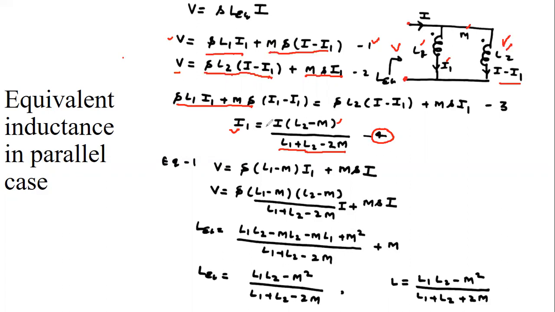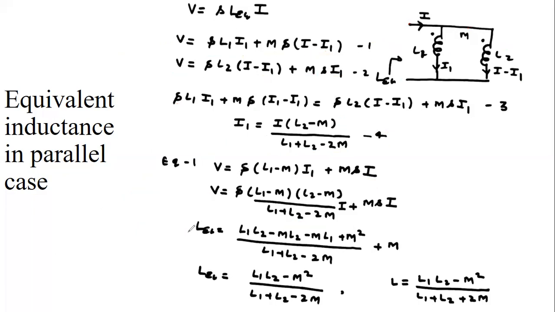When we put the value of I1 in equation 1, it can be rewritten as (L1 minus M) times I1 plus MS of I. Now putting the value of I1, my equation becomes V as (L1 minus M), and the value of I1 is (L2 minus M) upon (L1 plus L2 minus 2M) into I, plus MS into I. So this is V. What is the total equivalent impedance? V equals L equivalent into S into I.